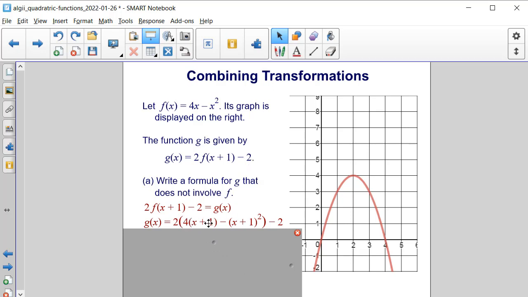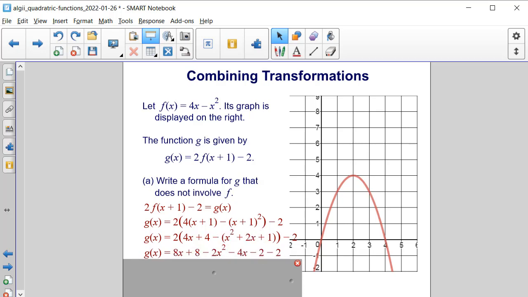So if we distribute the 4 through and also multiply x plus 1 by itself, we end up getting 4x plus 4 and then minus (x squared plus 2x plus 1) in parentheses. Next, we have to distribute this negative through to all 3 terms. We're going to distribute the 2 to everything in one step.